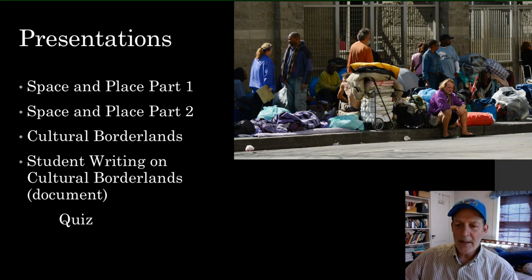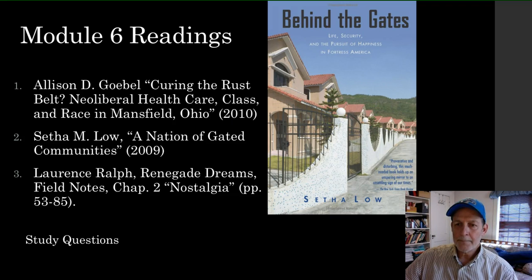I hope that these examples of student writing will give you some ideas for your upcoming Borderlands ethnography papers. They also illustrate how we might make sense of the concepts of borders and borderlands here in the heartland to think about spatial diversity. These presentations and examples of student writing are followed by a quiz.